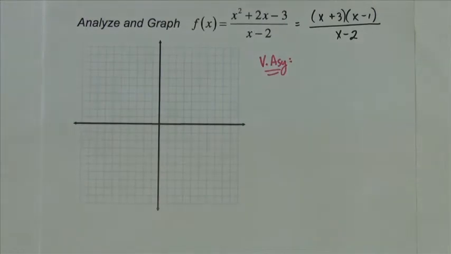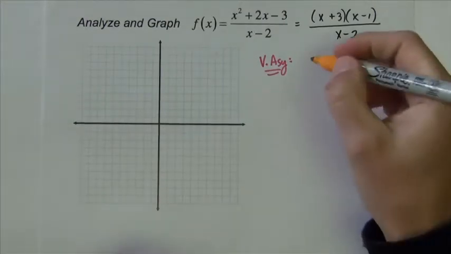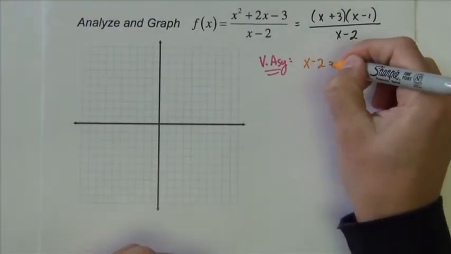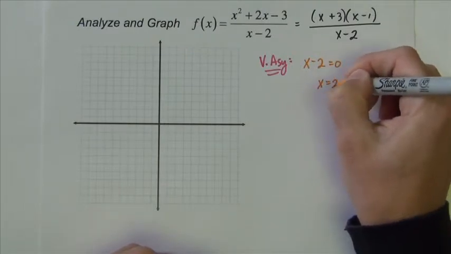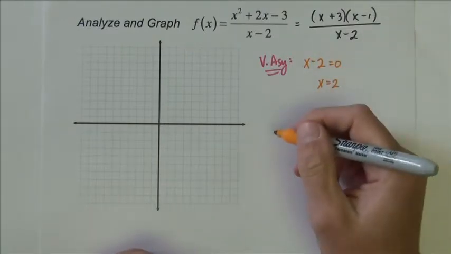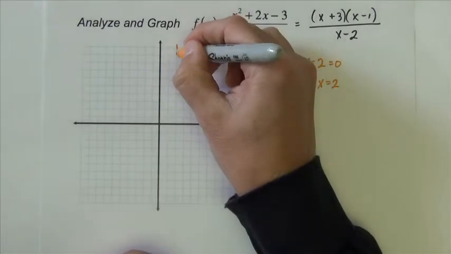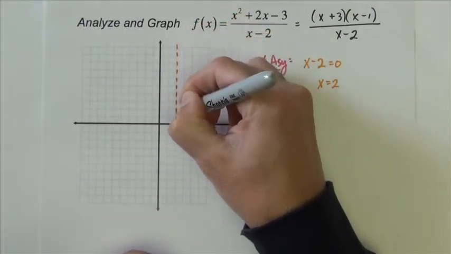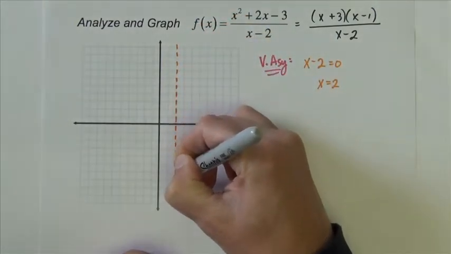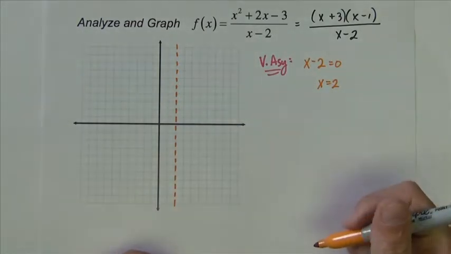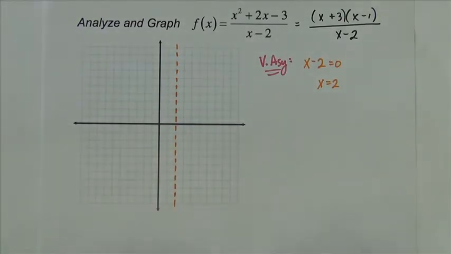Again, remember, for the vertical asymptote, you are checking the denominator. x minus 2 equal to 0 solves to give 2. So at x equals 2, we've got a vertical asymptote.